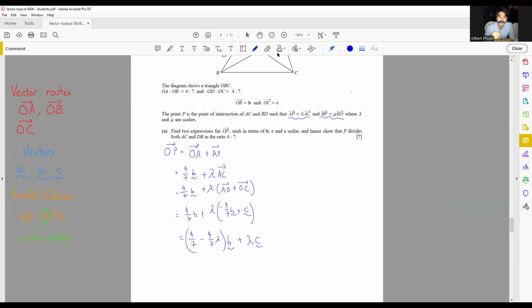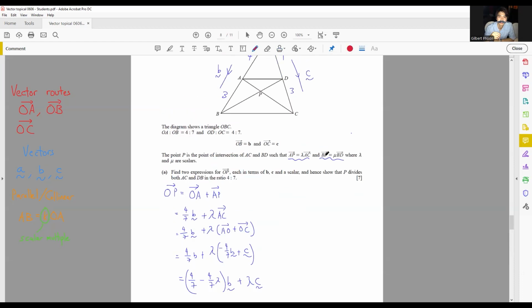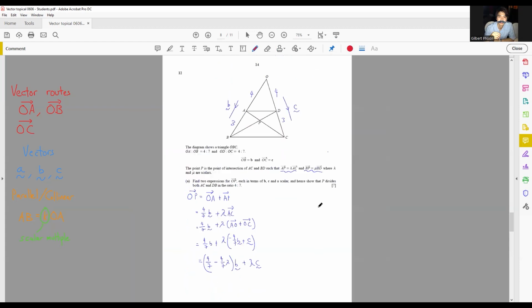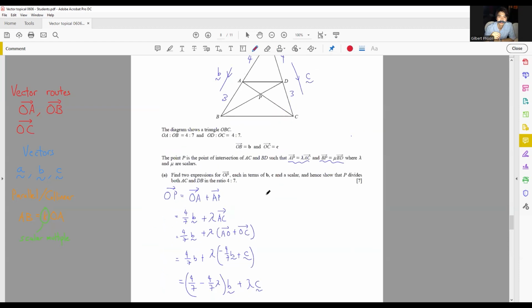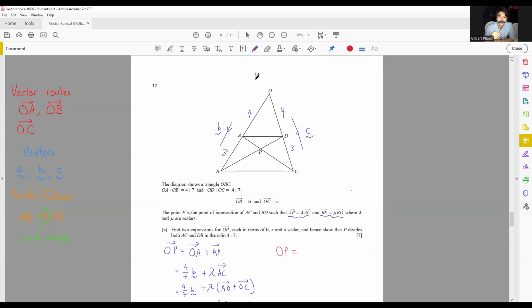Now, in your second expression, once again, we are going to look for OP, probably using this term over here now. O to P can also be, the alternate path for O to P would be either here to here, or here to here, or here to here. But we will take this route here specifically because it mentioned BP is equal to mu BD.